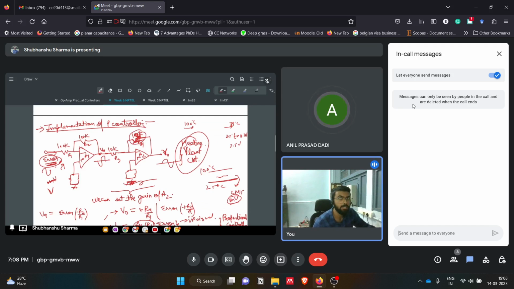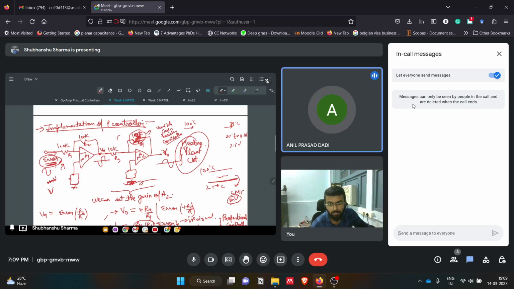But then I think again we'll have to give some feedback to that variable gain, because if instead of this we have some variable gain resistor controller. If we want to change the gain, then we need to go for a variable gain.